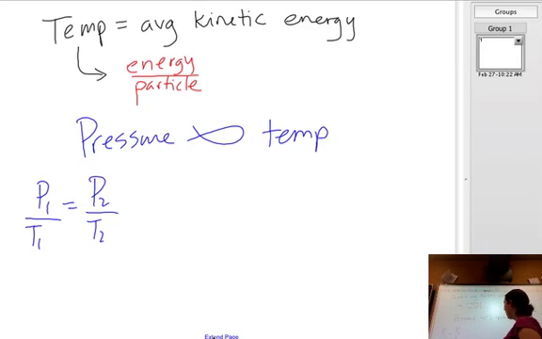Nice job. Pressure is directly proportional to temperature, which is Gay-Lussac's law here. We know from Gay-Lussac's law that if pressure goes up, then temperature goes up, or if pressure goes down, temperature goes down, right? Good. I'm keeping you awake. This is good. Pressure is also directly proportional to the number of moles.